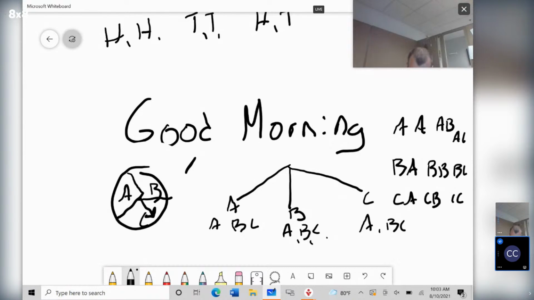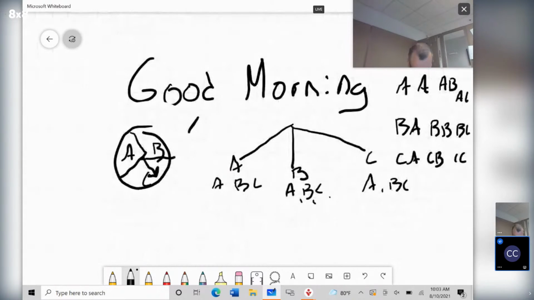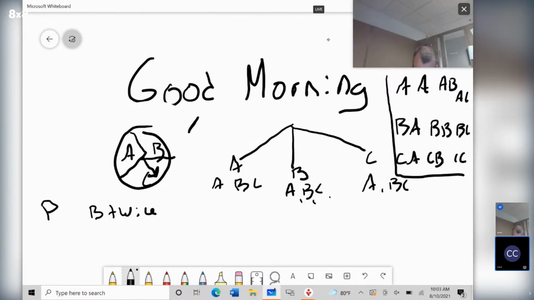So what is the probability, which will be P, of it landing on B twice? If we look up here, do I see BB? I do.